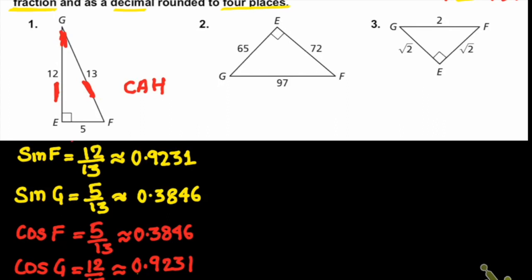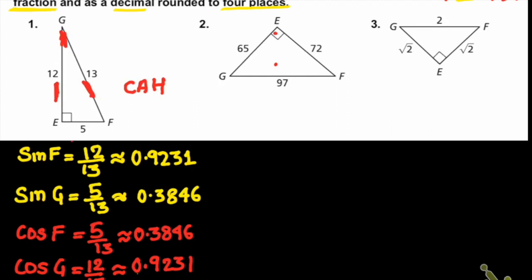For question number 2, we are supposed to do it the same way. The only thing is, if the triangle is rearranged it may be confusing, but there's a 90-degree angle here, so you just do the same calculation.